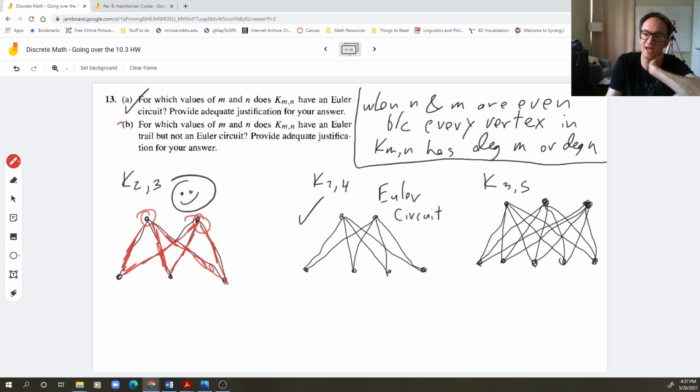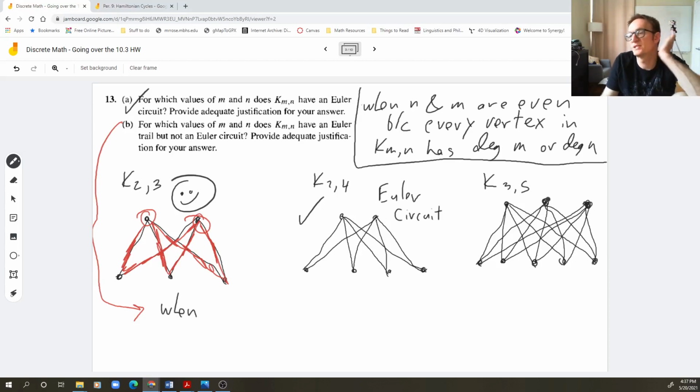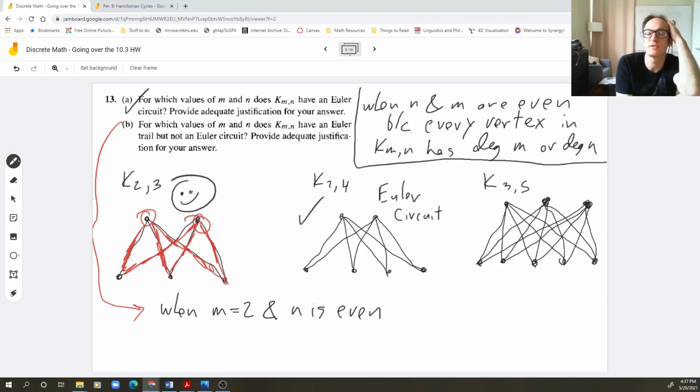Okay, so my answer to part B is when, say, m is 2 and n is odd. It all boils down to the size of the partitions m and n.